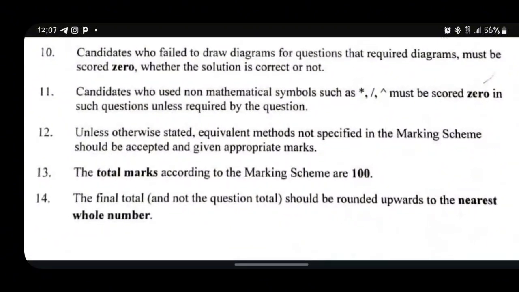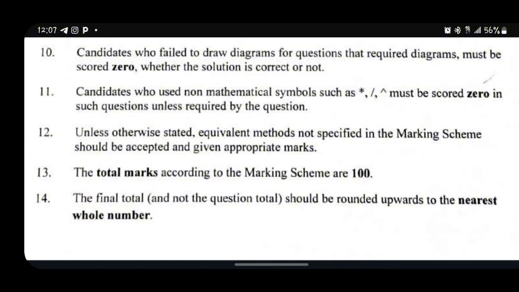Now these are just a few. The total marks you are going to get from mathematics theory is 100 marks. You have to note that the 100 marks is divided this way.